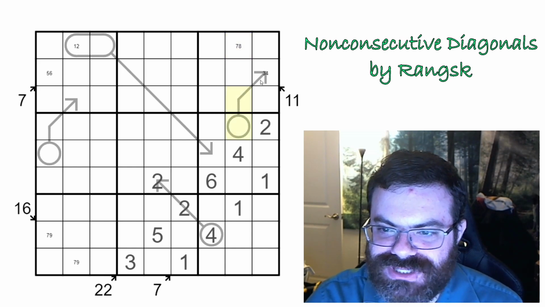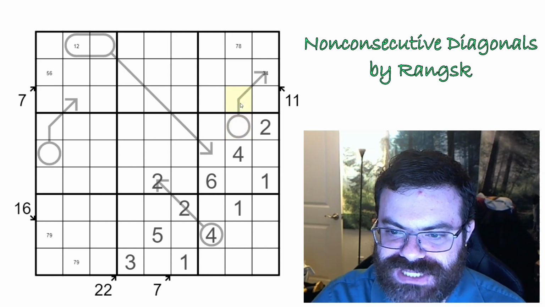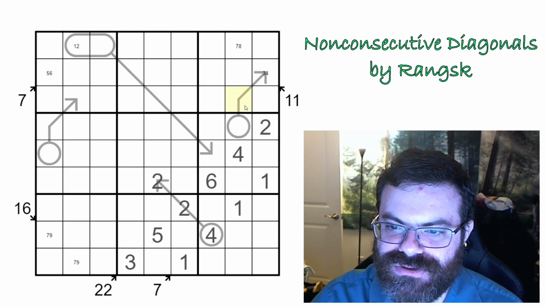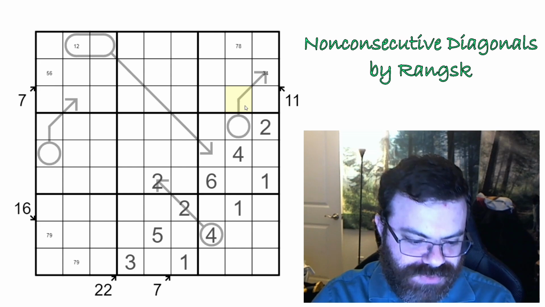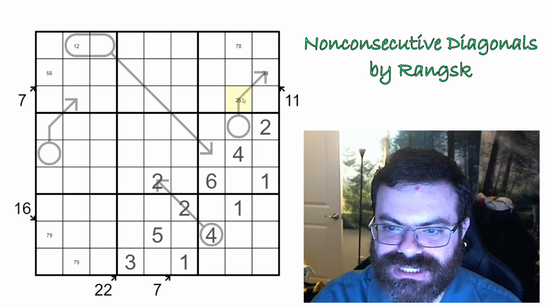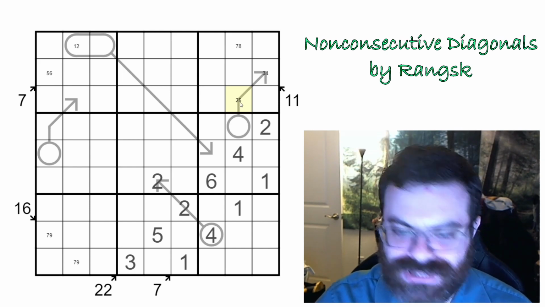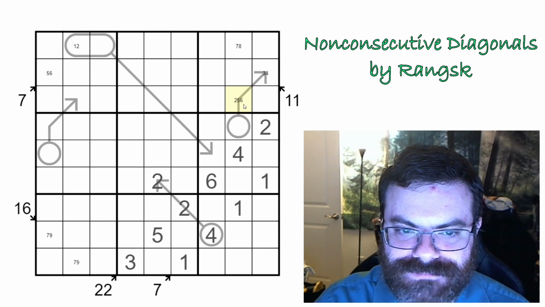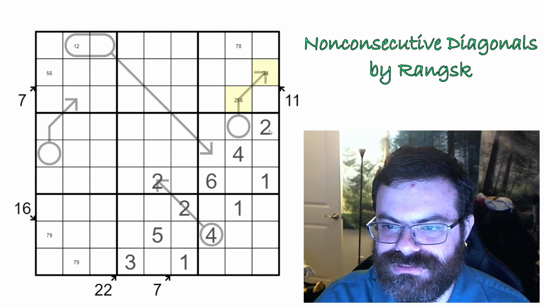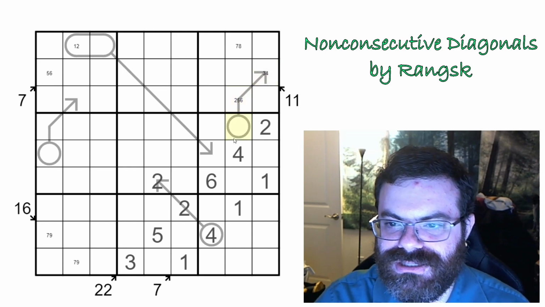So let's figure out what this sum can be next. What is the minimum this cell can be? It's diagonal to a 2, so it can't be a 1 or a 3. So it could be a 2, and it could be a 5, but it can't exceed 5, although I suppose it could be 6. So 6 plus 3 would make 9, and 5 plus 4 would make 9.